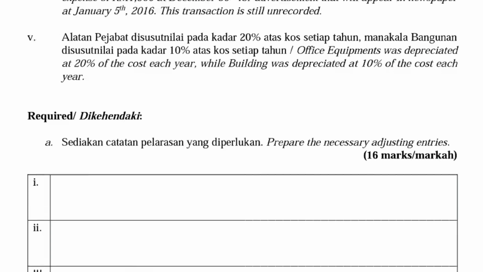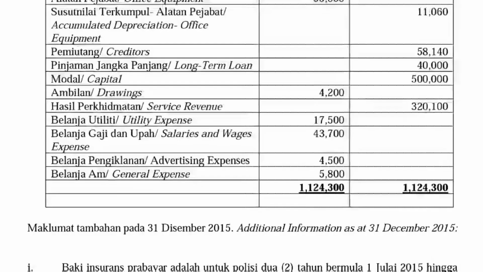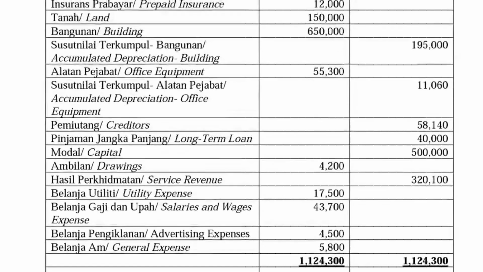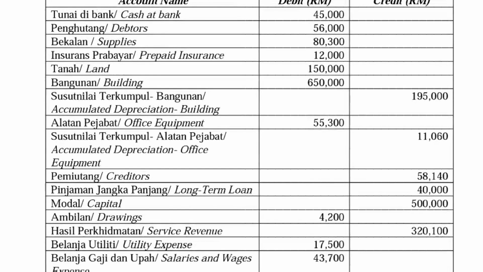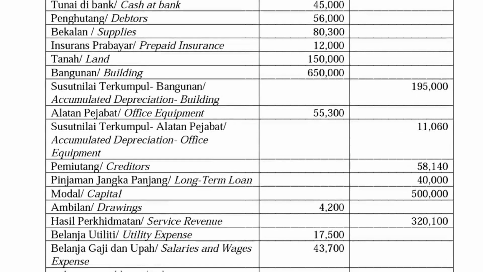So you have to check the trial balance here. You see how much is the office equipment? Office equipment value is $55,300.